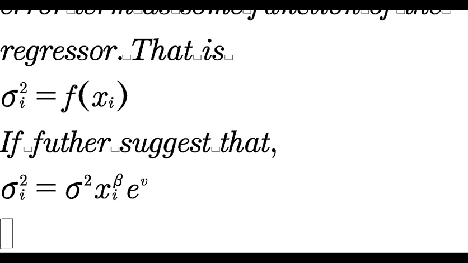In this case, the sigma squared on the right-hand side is constant. The x is the variable or the predictor, that is the independent variable. e is the natural e. v is the error term.